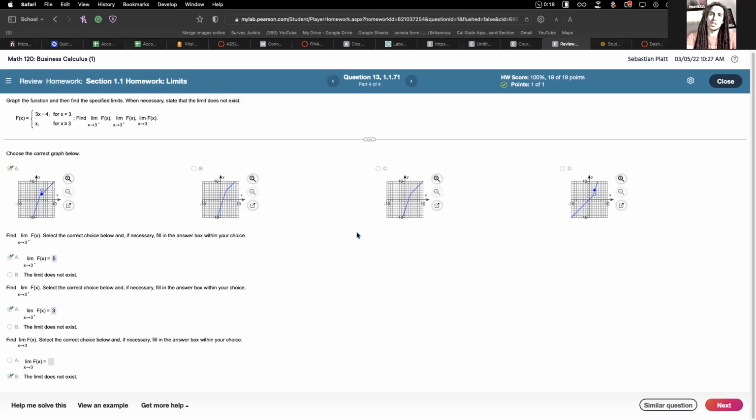Now let's look at the equations themselves. The 3x minus 4. So let me stop sharing my iPad. So we have 3x minus 4, and then we have x.